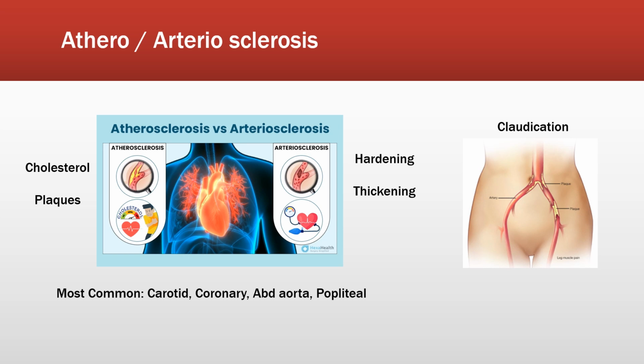And it can result in claudication or pain in the butt, thighs, or calves from lack of blood flow due to that plaque on the walls. Most common areas for these problems are the carotid arteries, coronary arteries, abdominal aorta, and the popliteal artery behind your knee.